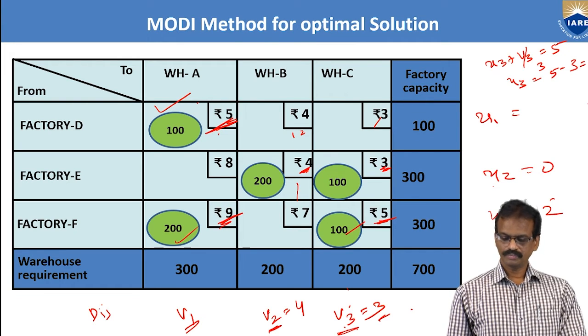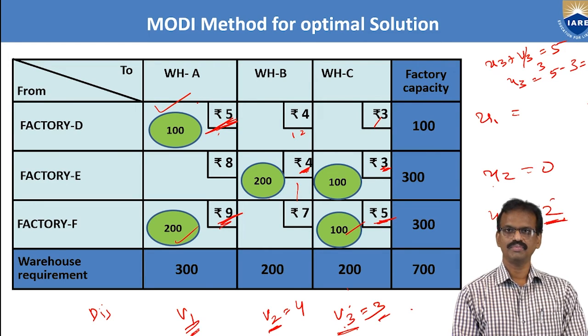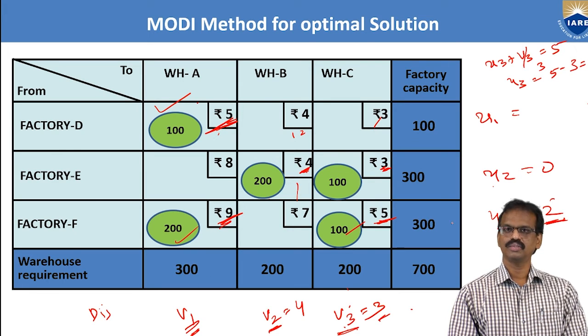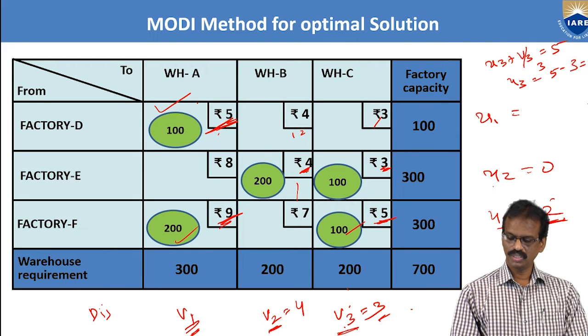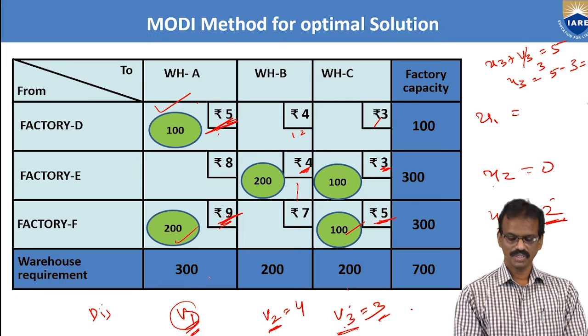Next, if you know that u3 is equal to 2, what about v1? Because 9 means v1 plus u3 is equal to 9. So u3 is equal to 2, which means v1 is equal to 9 minus 2, so v1 is equal to 7.